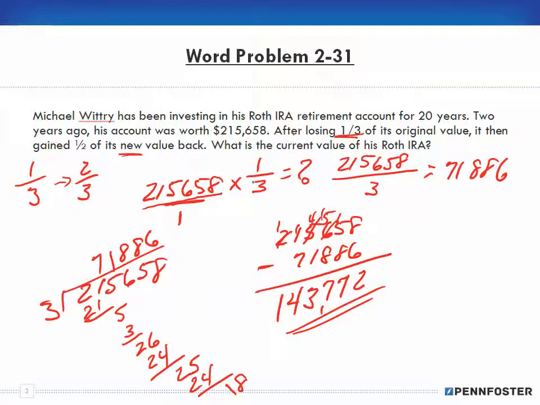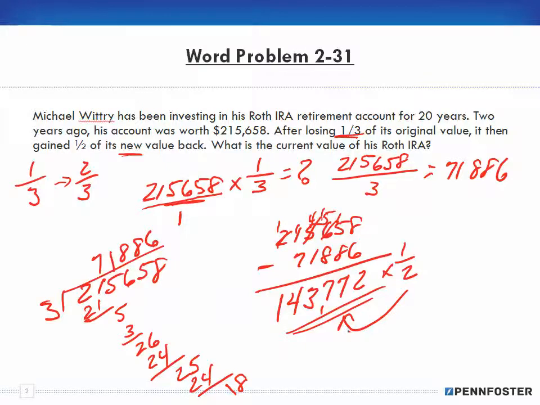Now, after the loss, it has $143,772, and it says it then gained half of its new value back. Well, how much is 1/2 of 143,772? Now again, I could do this 2 different ways. I could multiply by 1/2 and then add it back to the 143,772.